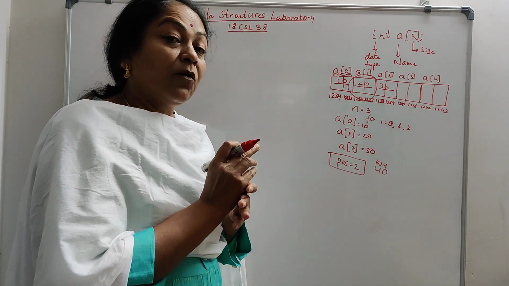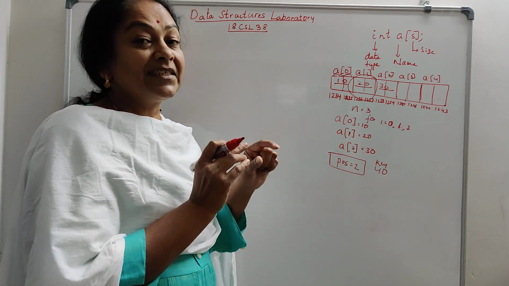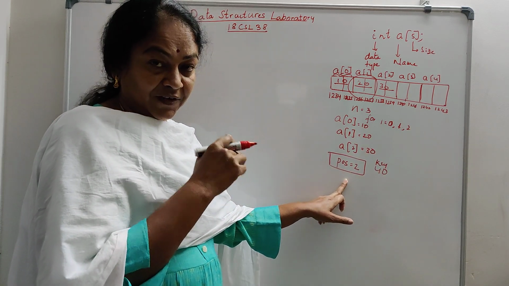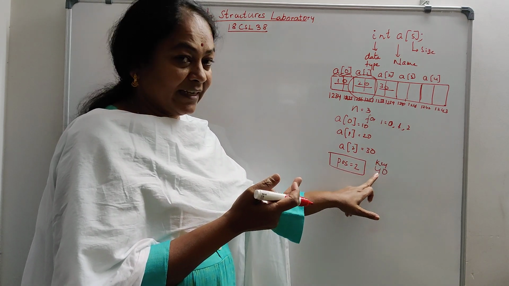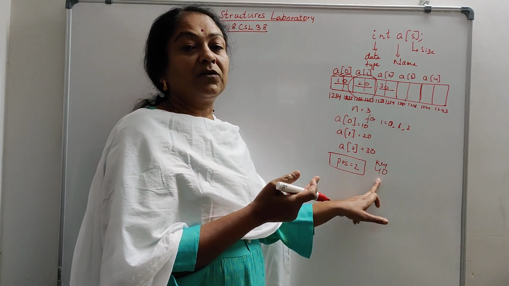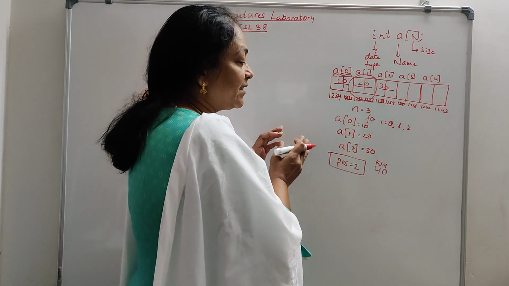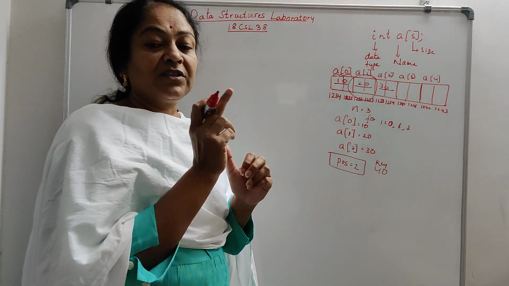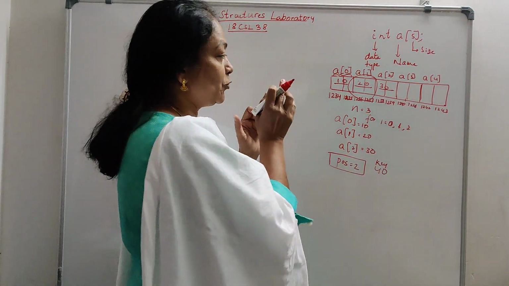And what will be the inputs I need as far as this function insert is concerned? I need the position in which I want to enter the key element, and also what is the element I want to insert. Both of them I need. After taking the input, you need to think how to insert this particular 40 in position 2.